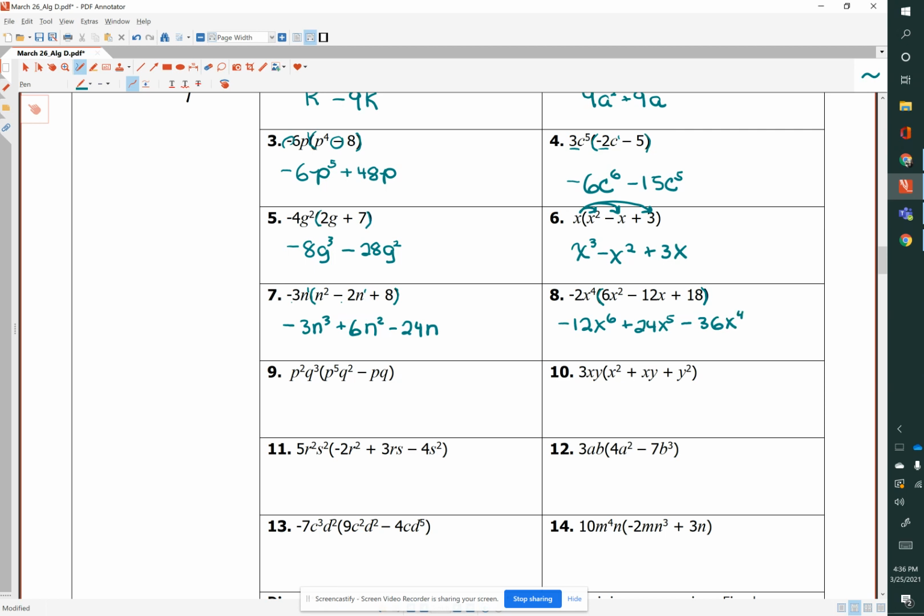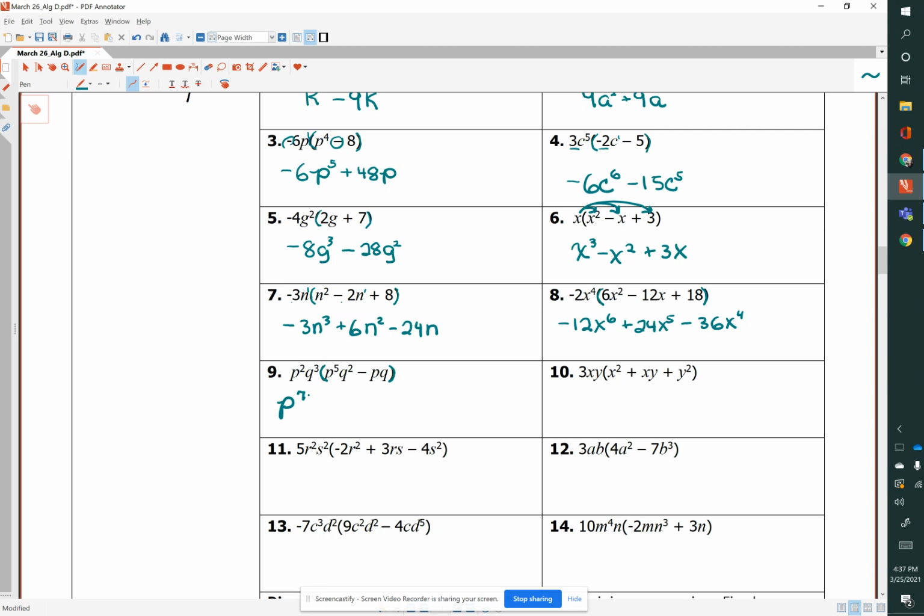And moving on to number 9, we have p squared q cubed to the third is cubed times the quantity of p to the fifth, q to the second minus pq. So let's be careful with our negative sign. So first we have p, we have 2 plus 5 is 7.